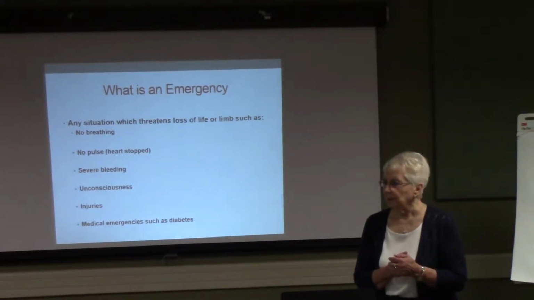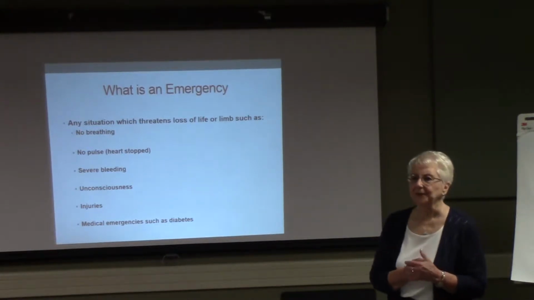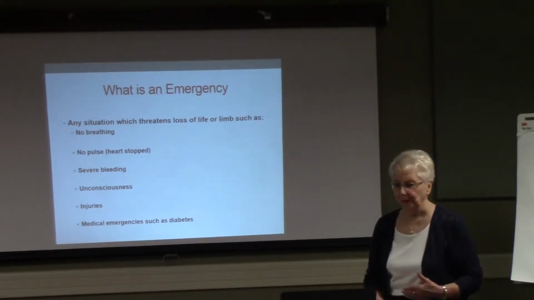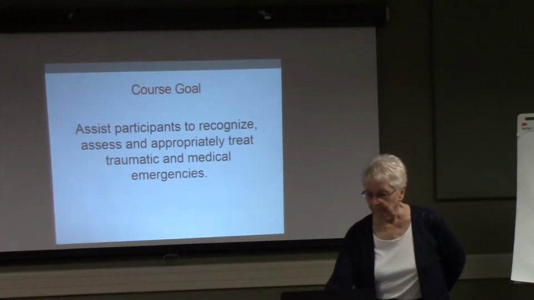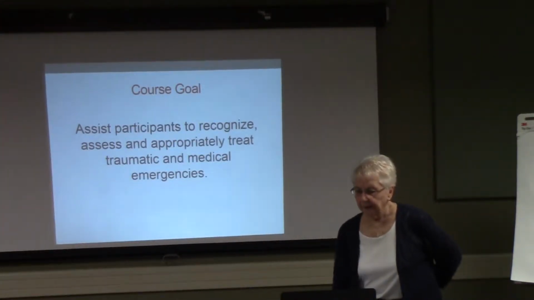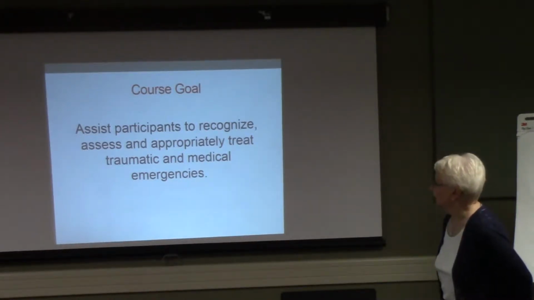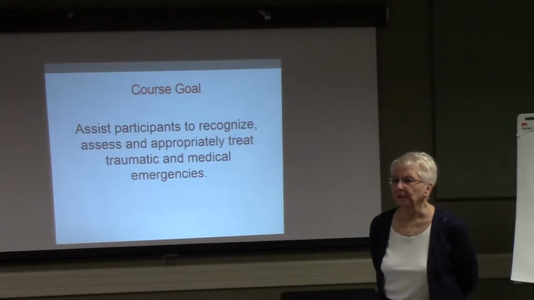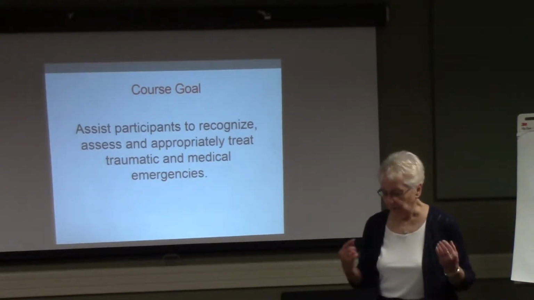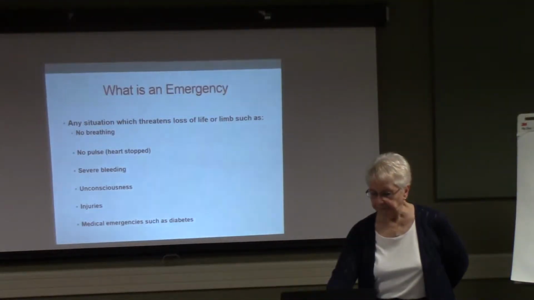That's also an emergency if you have someone in trouble with medical conditions, and of course we can't list every one of them here. The course goal, as I mentioned before, is to help you, in all of those situations, have a little more knowledge of what to do.